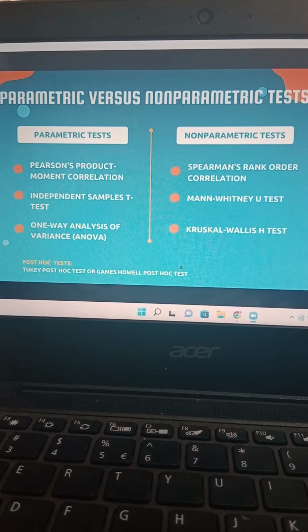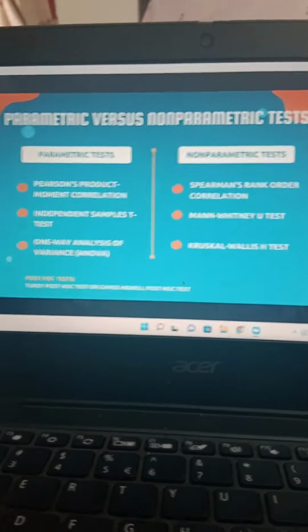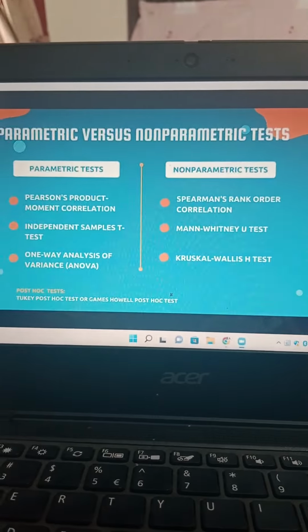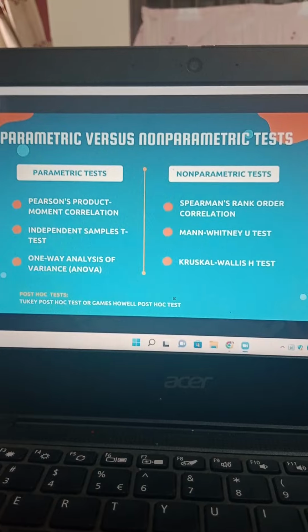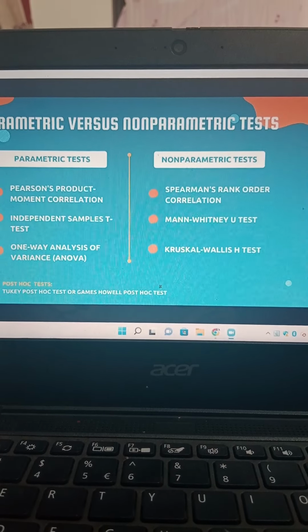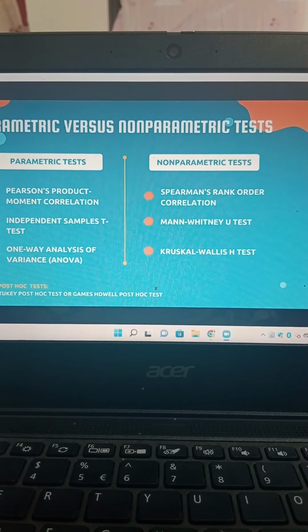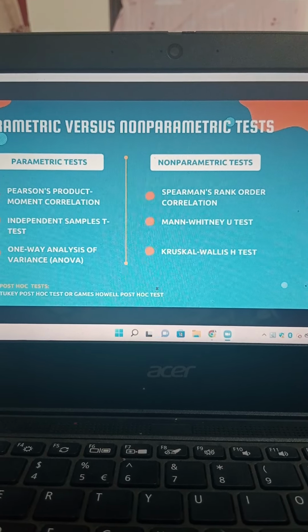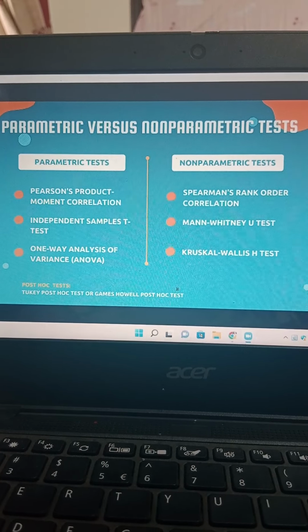That's why, if we violate one or two or three assumptions in the parametric test, we usually take the other option of using its counterpart in the non-parametric tests, because it doesn't assume these assumptions and doesn't require normally distributed data.